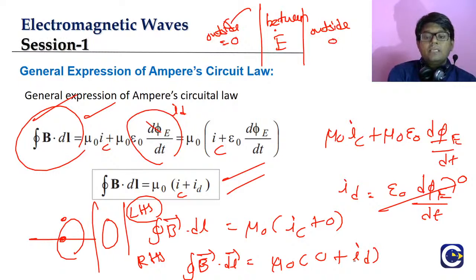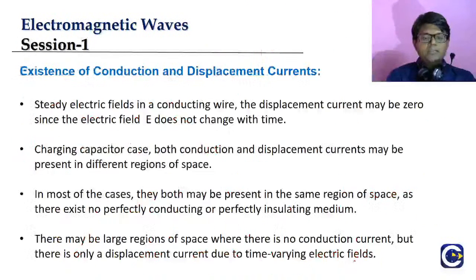So when using the modified equation, we need to keep in mind that it is not like every time we have both IC and ID values. Some places we may have both, some places only one, and in some places none. When we have neither displacement current nor conduction current, in that region there will be no magnetic field. So this is about the modified Ampere's circuit law.